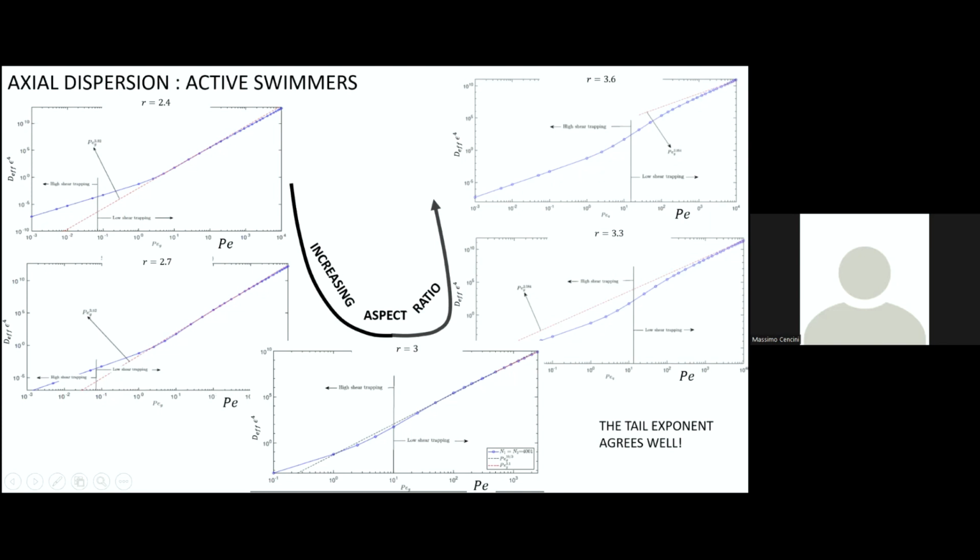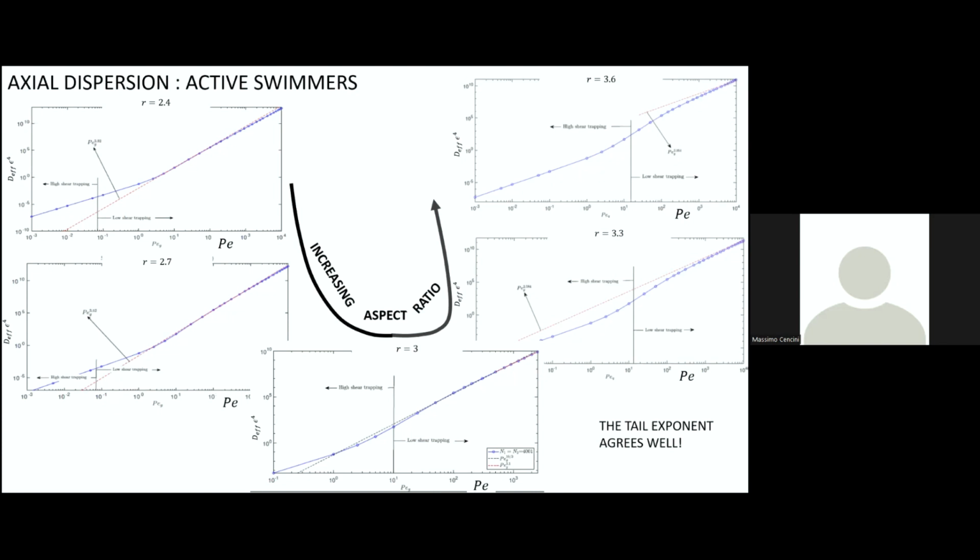I have a curiosity concerning the dispersion, the second part of the talk. I have two questions. The first one is if you know, or anybody in the audience knows, about experiments with active swimmers in pipe flow where dispersion has been measured, and if this theory somehow applies to these experiments.